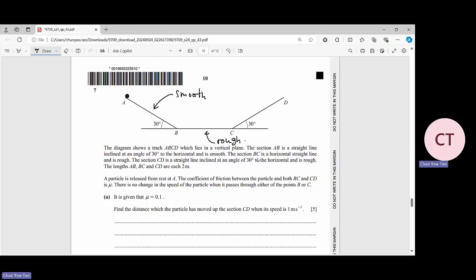The section CD is a straight line inclined at an angle 30 degrees to the horizontal and is also rough. The lengths AB, BC, and CD are all 2 meters.